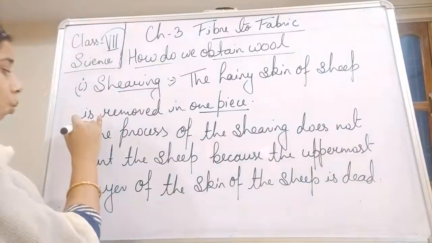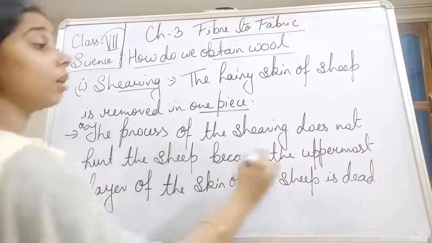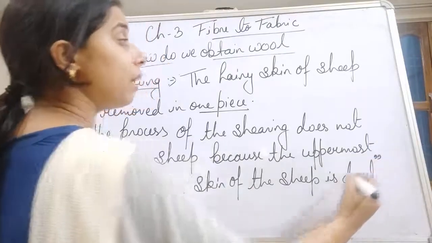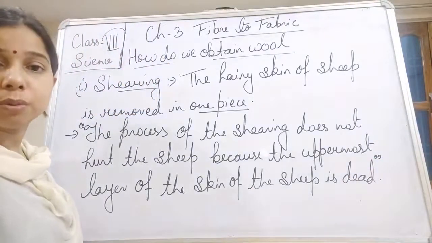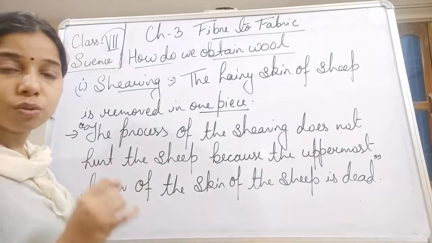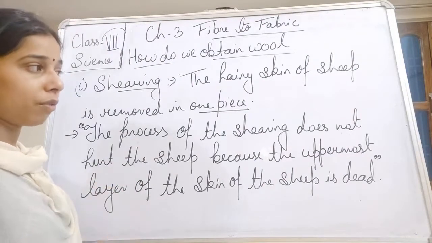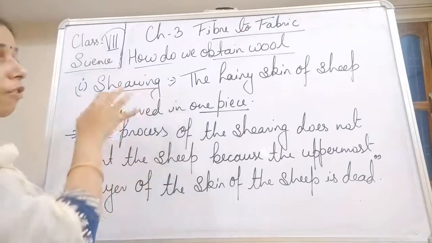Okay. So the question here arises: why are we using different machines in order to remove the fleece, the hairy skin of the sheep, through the process of shearing?